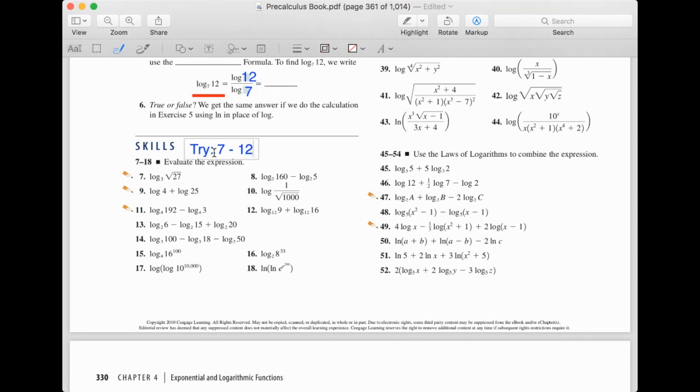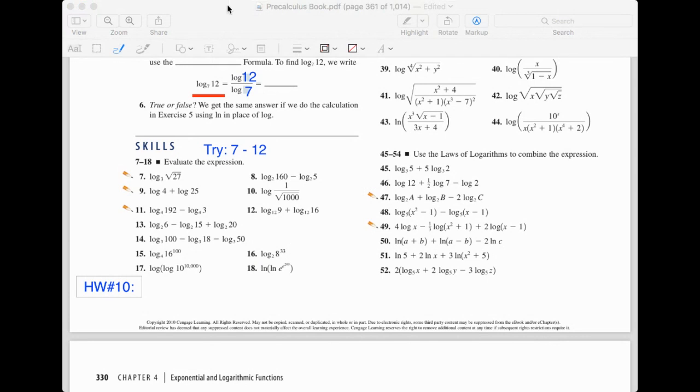Let's try 7 to 12. Try 7 to 12 in this one. Then I'm going to leave you some homework. So homework number 10, right? Homework number 11.